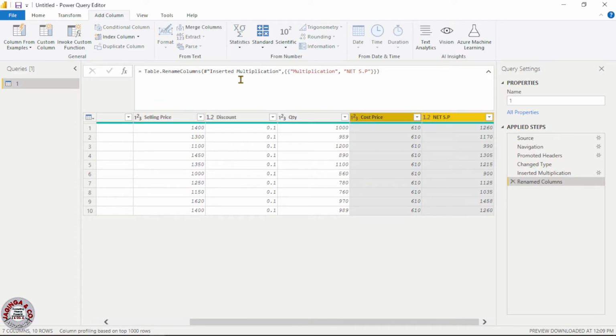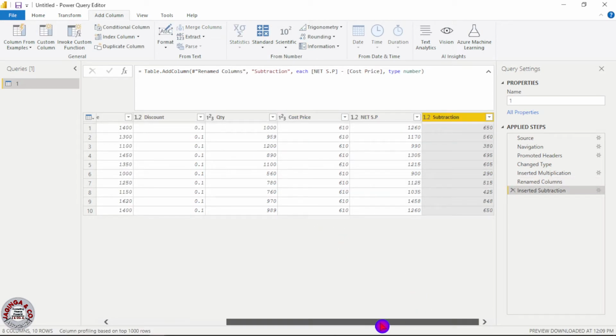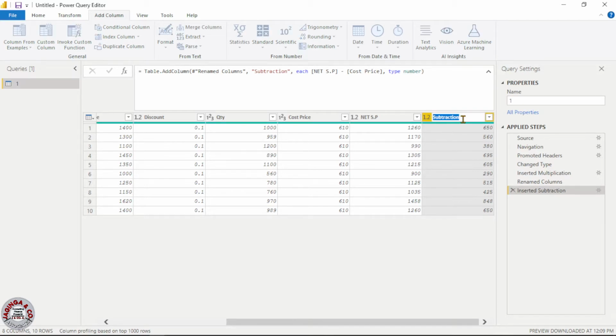Then again we'll click standard, then we'll write subtract. So now this is our GP, or gross profit per product.